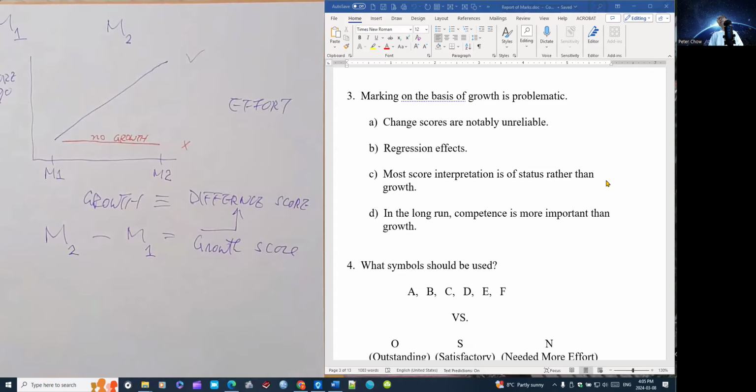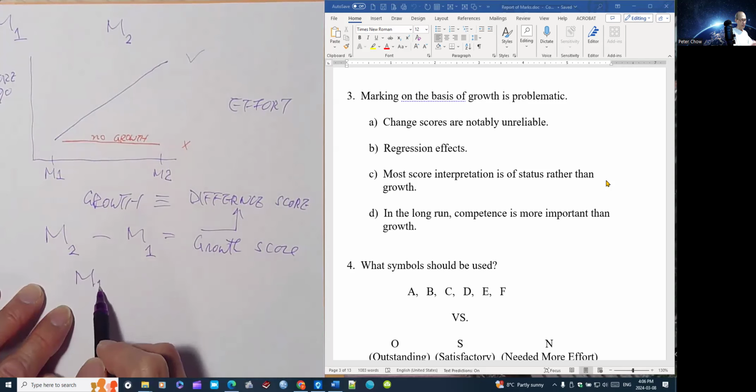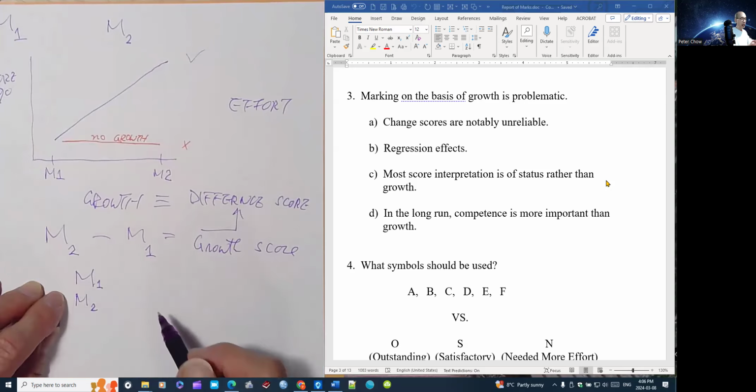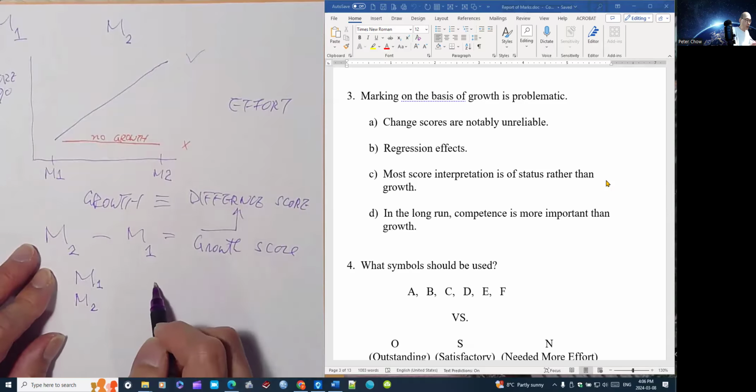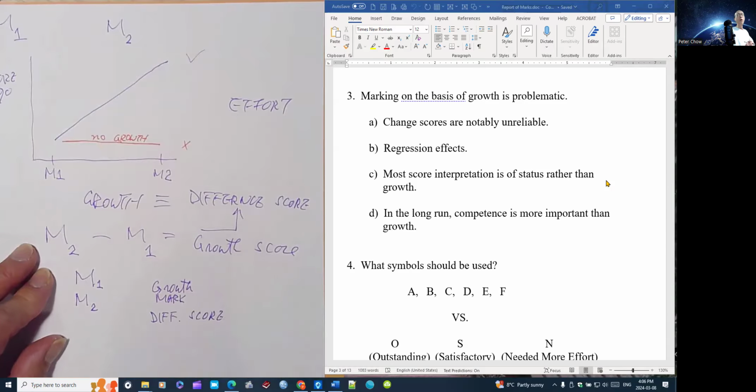So we know from psychometrics that growth scores are very unreliable. That is to say, I have a single mark, the first mark, the second mark, and then I have the growth mark, or difference score.